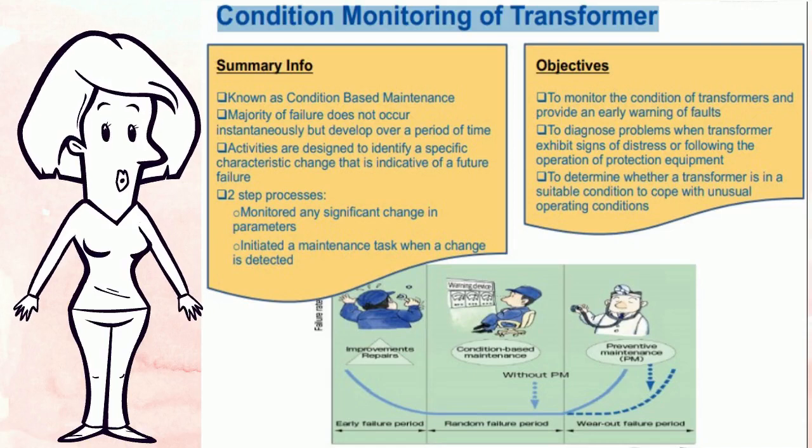Activities are designed to identify a specific characteristic change that is indicative of a future failure. It is a two-step process. Number 1, monitor any significant change in parameters. Number 2, initiate a maintenance task when a change is detected.